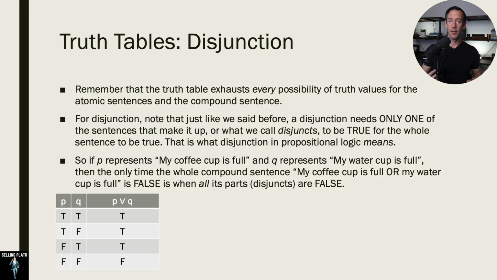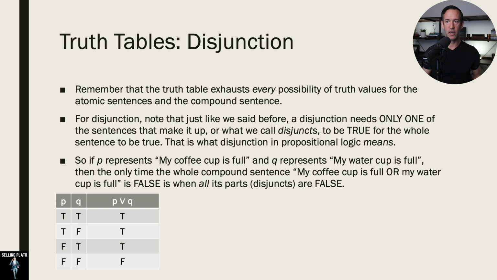So again, taking our familiar example, if P represents my coffee cup is full, we'll stick with that, and Q represents my water cup is full, then the only time that the whole compound sentence, my coffee cup is full or my water cup is full, is false is when all of its parts or all of its disjuncts are false. In that case, the whole thing's going to be false.